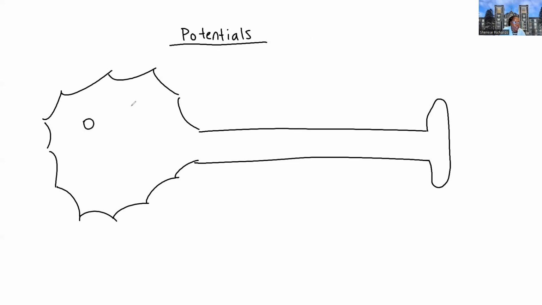So this is the soma or cell body. This is where we have the cytoplasm, the organelles, the nucleus, etc. We also have dendrites, which are projections from the soma, right? So this would be an example of a dendrite.